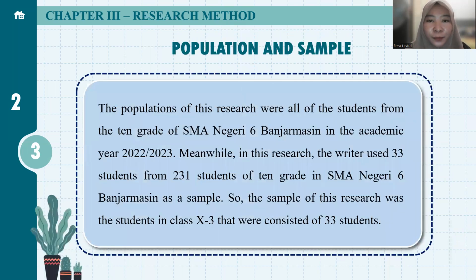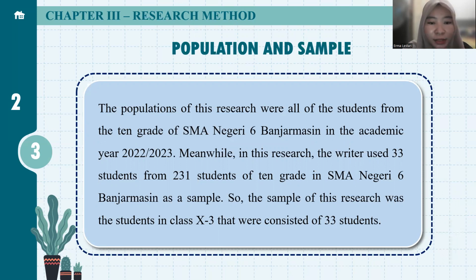And then for the population and the sample, the population of this research was all of the students from the 10th grade of SMA Negeri 6 Banjarmasin. Meanwhile, in this research, the researcher used 33 students from 231 students of the 10th grade in SMA Negeri 6 Banjarmasin as a sample. So the sample of this research was the students in class 10 that consisted of 33 students.